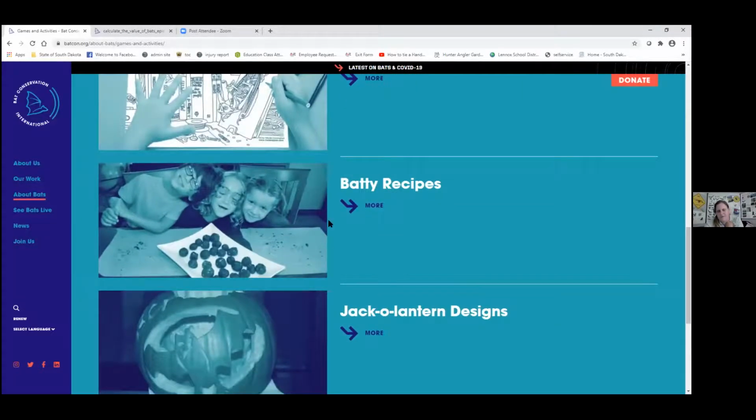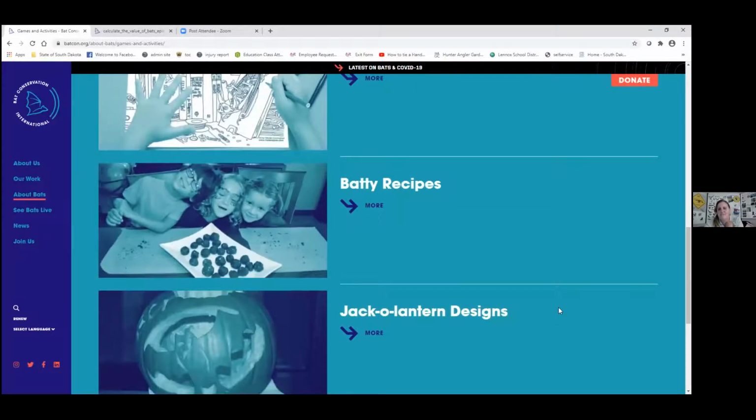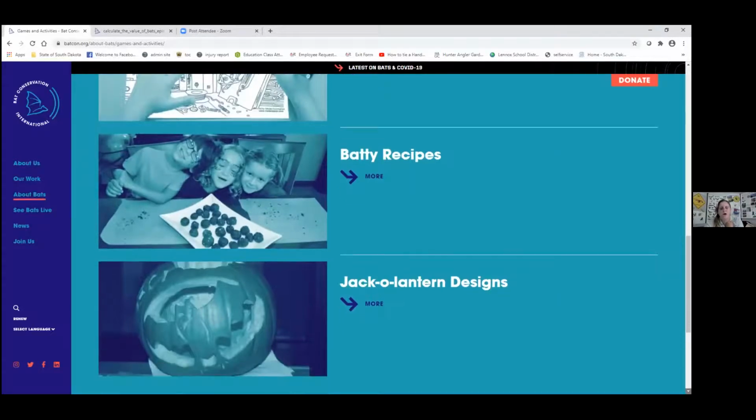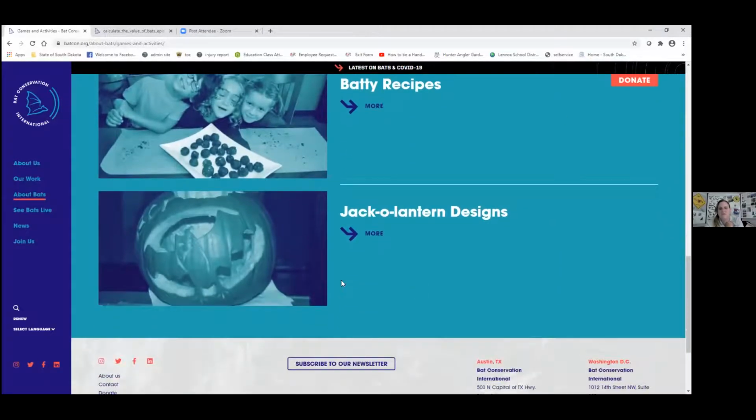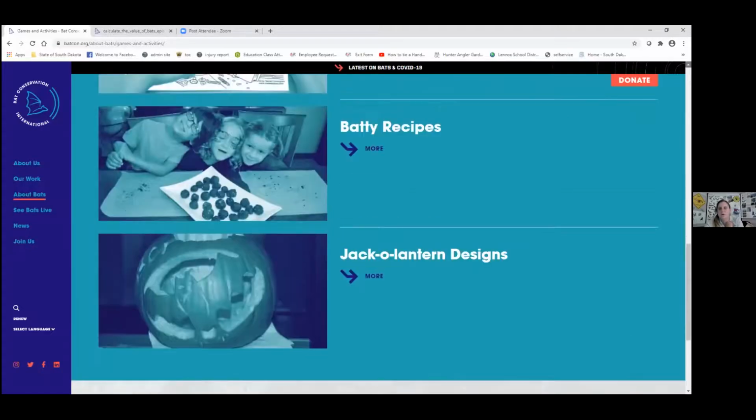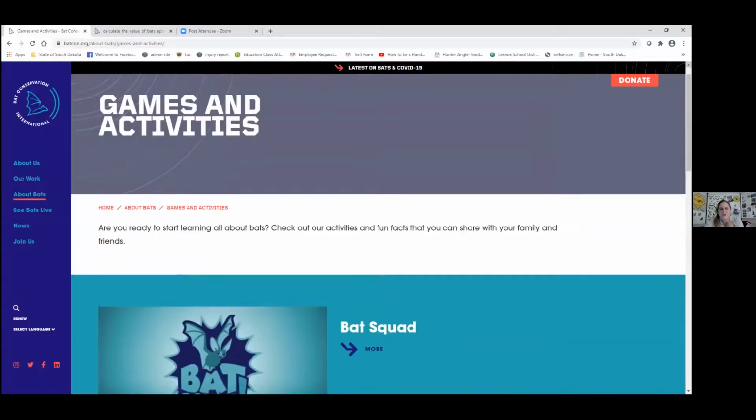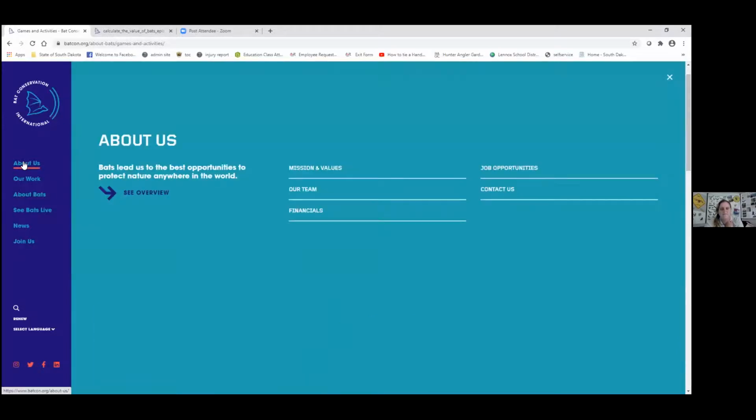Recipes, I don't think they're using actual bats, maybe just things that look like bats. And then they can pull in the whole Halloween aspect of it, and they've got some jack-o'-lantern designs as well. So some really good information there for you as well, and just a plethora of information on that site, and really good ways of learning more about bats and bats in our areas.